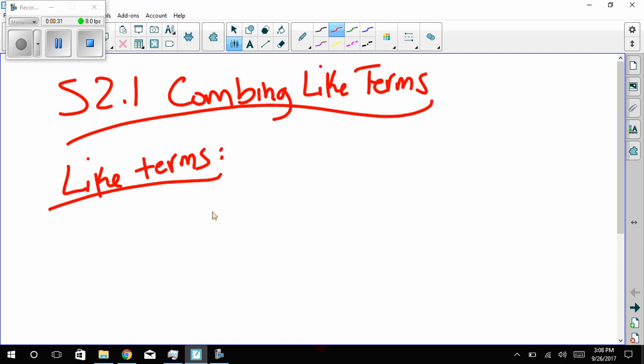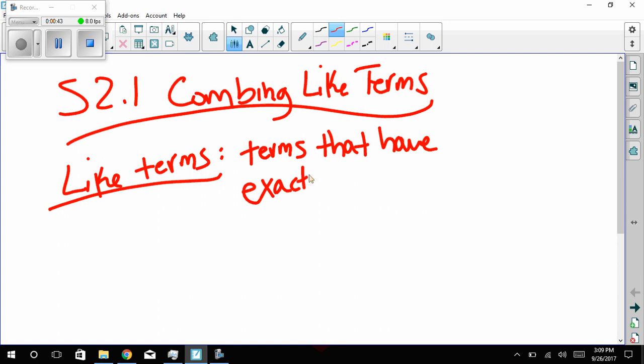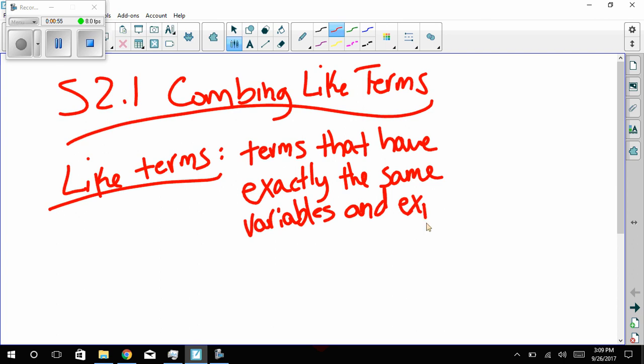Like terms are terms that have exactly the same variables and exponents.